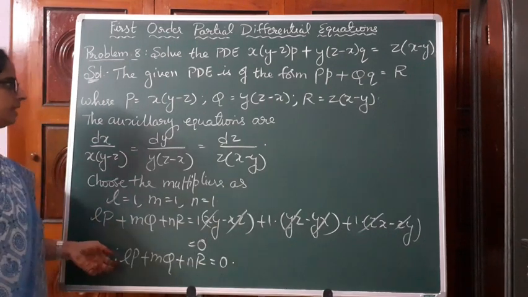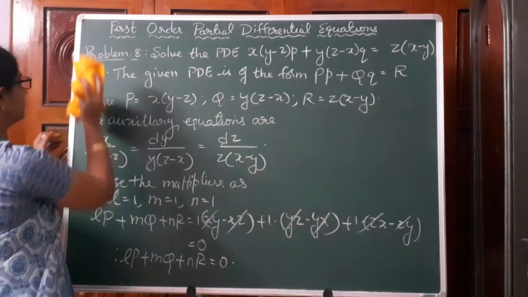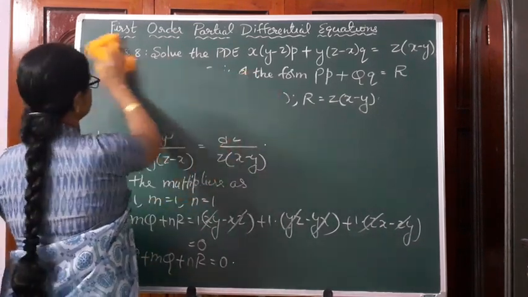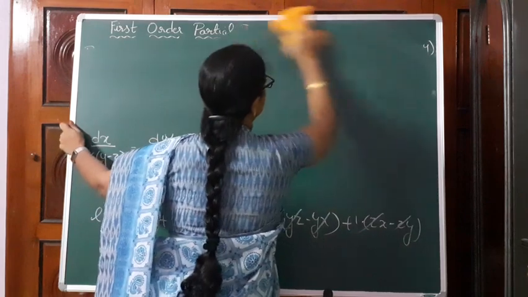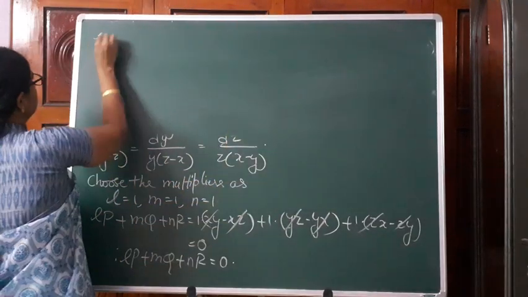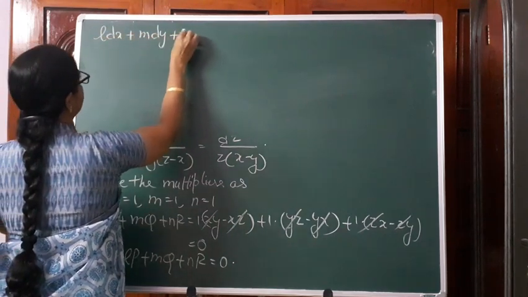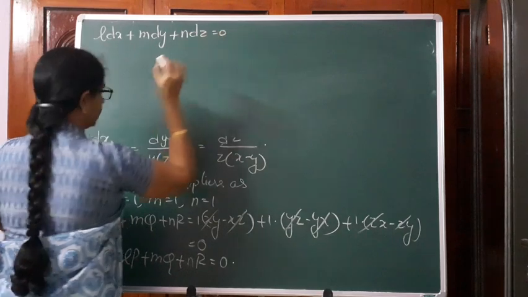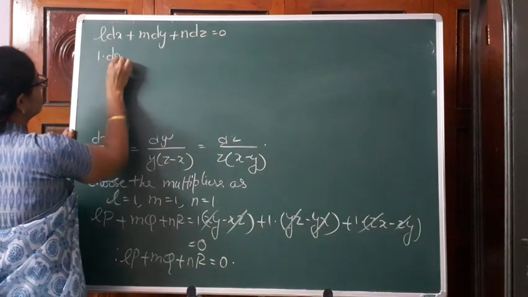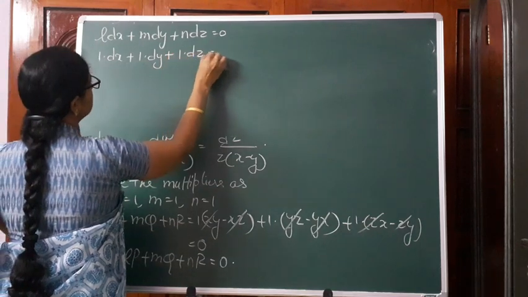So if it is 0, we get L into dx plus M into dy plus N into dz as 0. That is, 1 into dx plus 1 into dy plus 1 into dz is equal to 0.